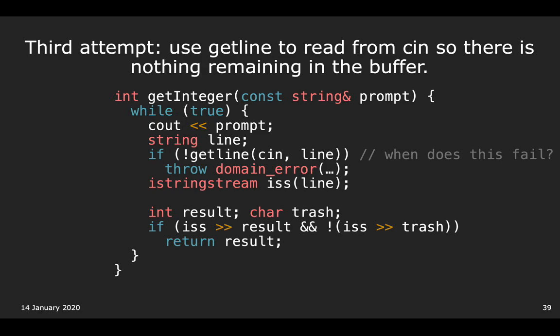If this succeeds, then the first part is true. So you try the second part, and you want to make sure that ISS cannot read in any more trash. If it's able to read trash, that means there's something after the integer that's not a valid integer. So you don't want to read that as well. Only if both of those are correct can you return.